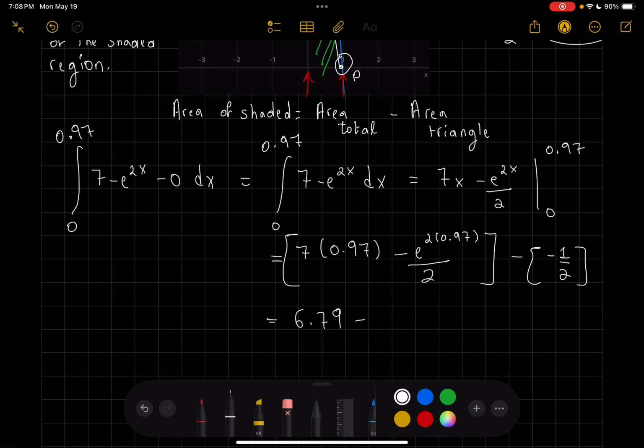So 6.79 minus 3.47 plus 0.5, which is going to be 3.82. So this is the total area.